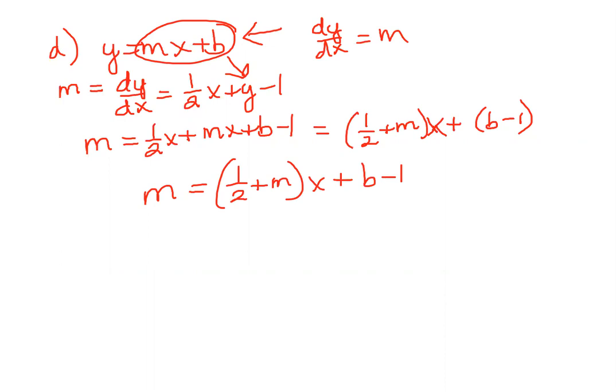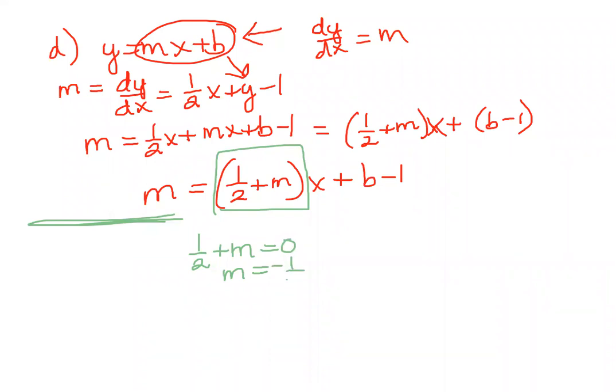Well, that means that this has to be 0 because there's no x's on this side of the equation. So 1/2 plus m has to equal 0. So m has to equal -1/2. And this has to equal m.